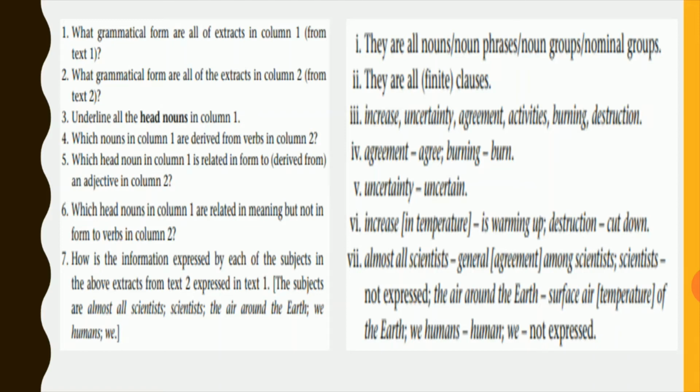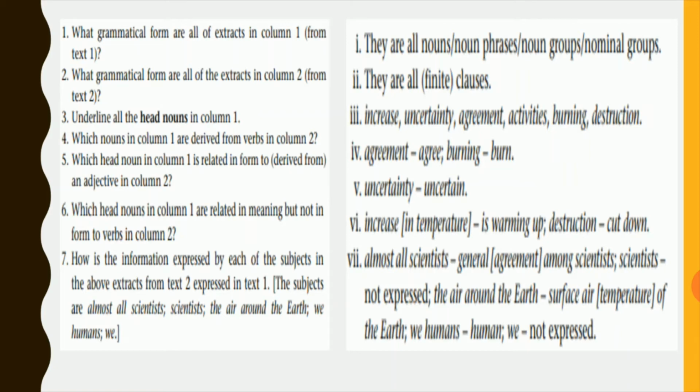how they can turn verbs or maybe adjectives into nouns. For example, in question number 4: which nouns in column 1 are derived from verbs in column 2? The answer is agreement, which is derived from agree, and burning, which is derived from burn.